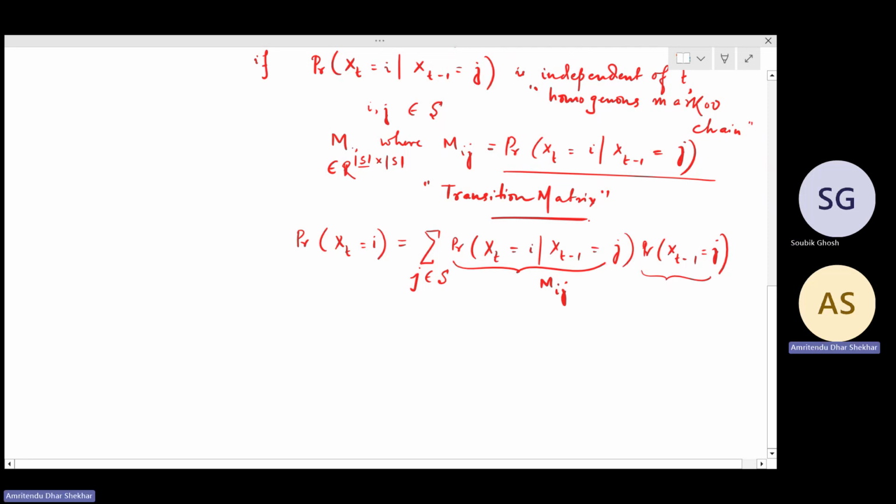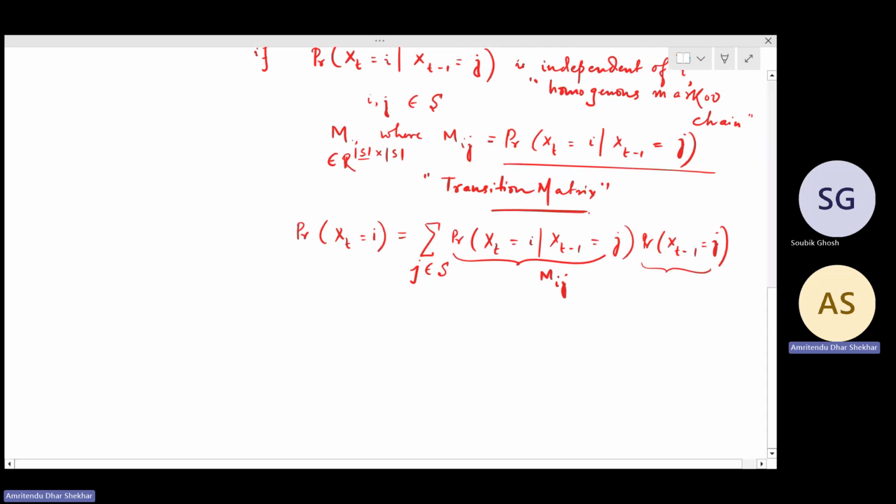So we can form a column vector pt. Let pt be a column vector where each entry of pt, pt of i, is equal to the probability of xt equals i.